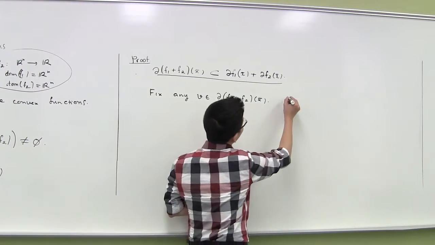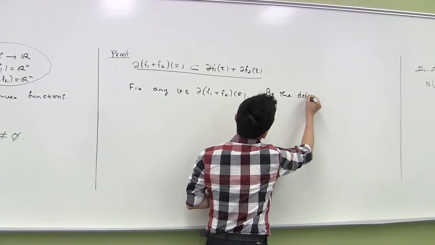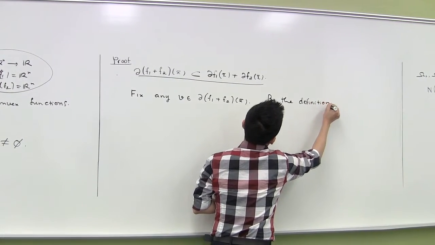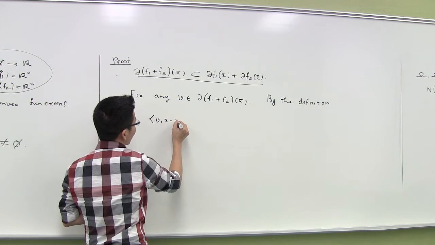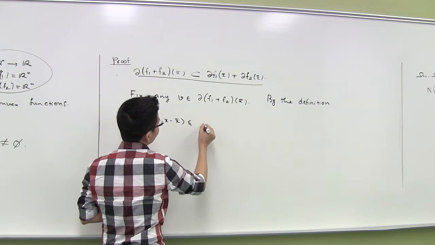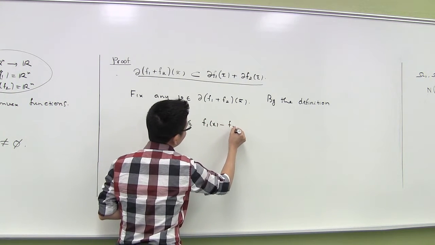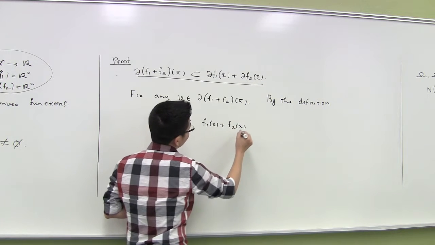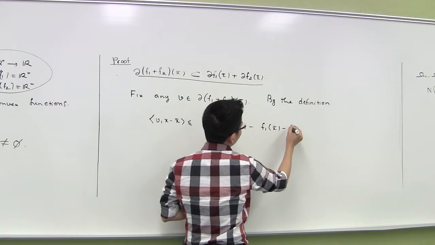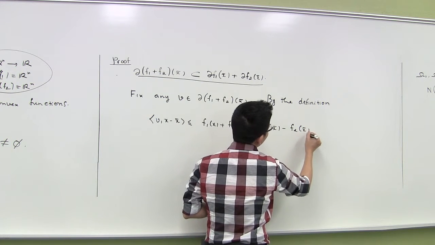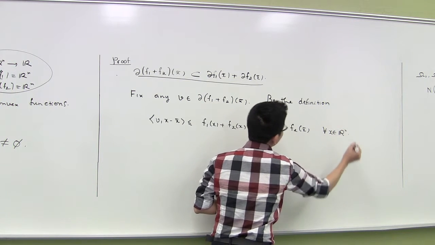Okay, so by the definition, the inner product of v and x minus x bar is always less than or equal to f1 of x plus f2 of x minus f1 of x bar minus f2 of x bar, and this is true for all x in Rn.